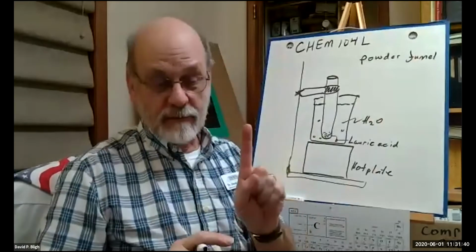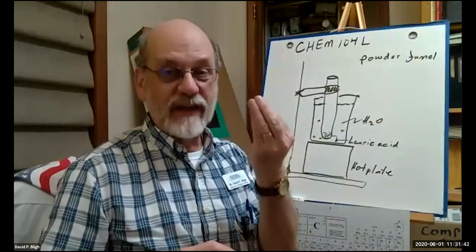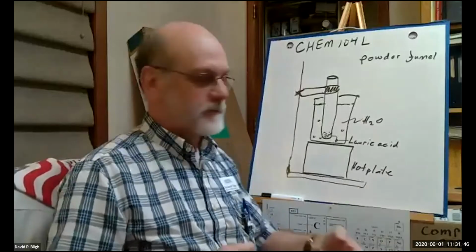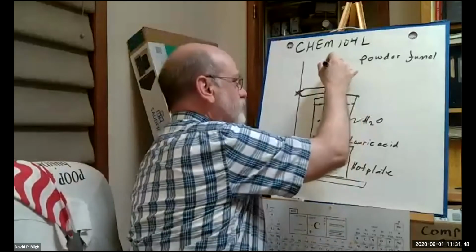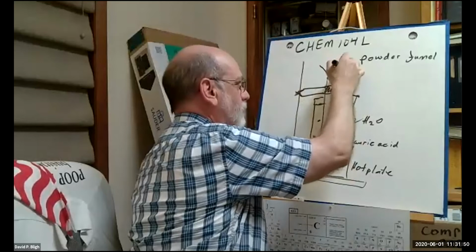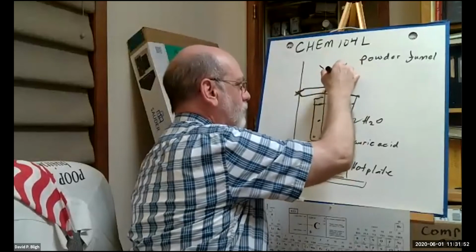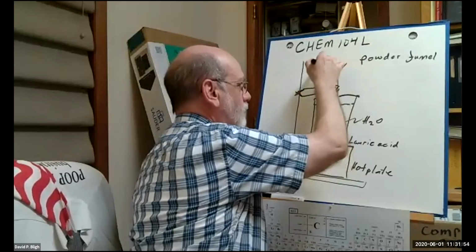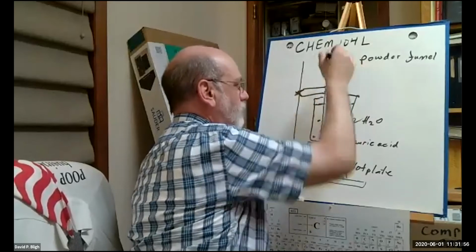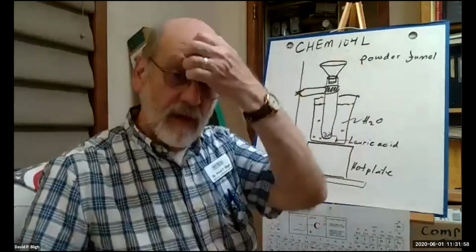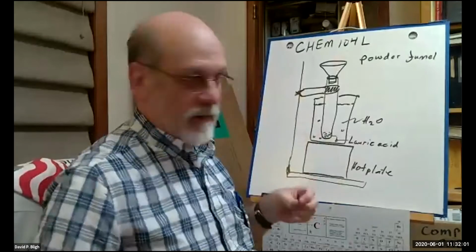They have a very narrow stem. A powder funnel has a wide stem so that you can pour solids through it. So we use a powder funnel when we add our lauric acid in there.